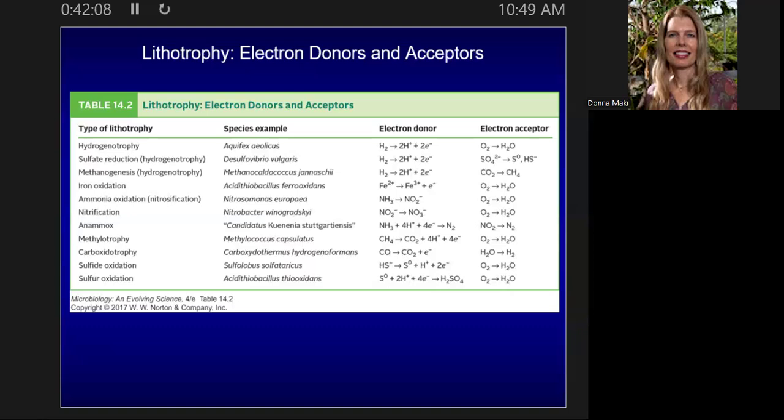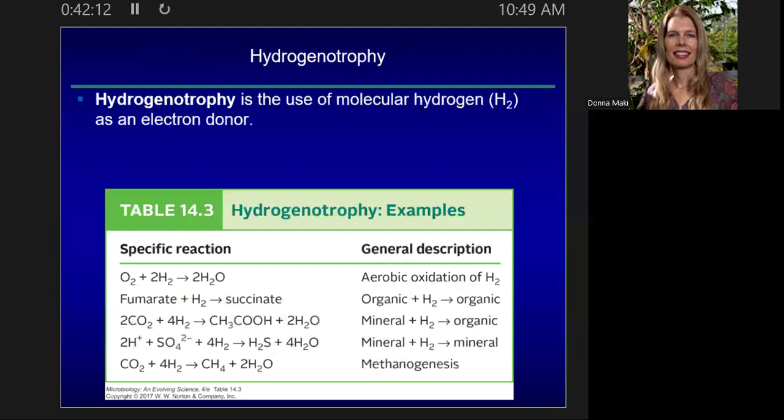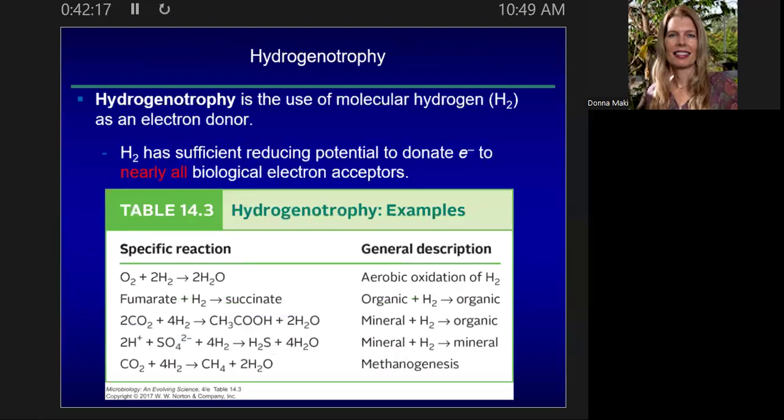We're going to talk about some of these in more detail, but this is just trying to give you some idea. I would like you to be familiar with hydrogenotrophy as a really good example of inorganic. The reason I'd like you to know that in a little more detail is that hydrogen is just so good at donating electrons.